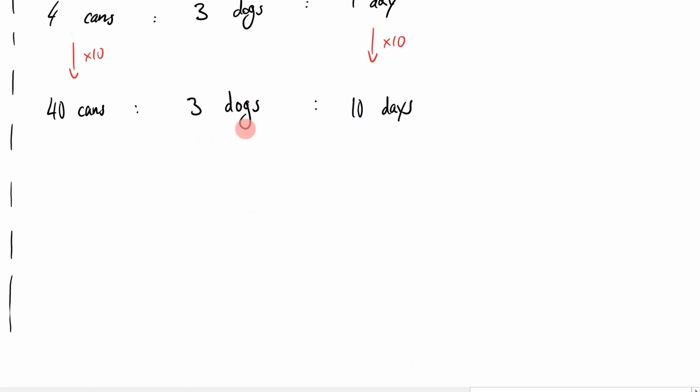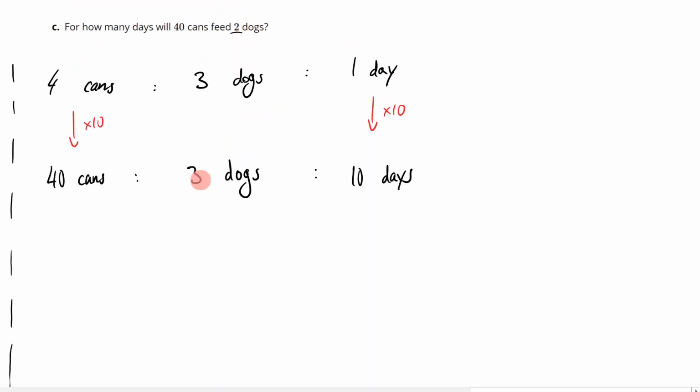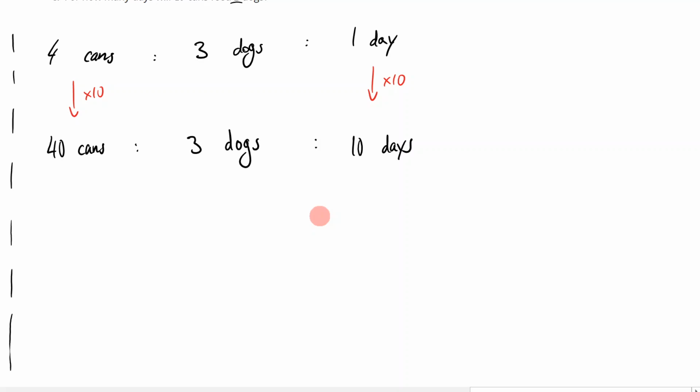And now I would have to change this 3 dogs into 2 dogs, right? Going from 3 to 2 is kind of tricky. So when I have something a bit tricky, let's just change it into 1 dog. I'm going to keep this 40 cans the same because I need that. This is now 1 dog. So that means I have to change this one.